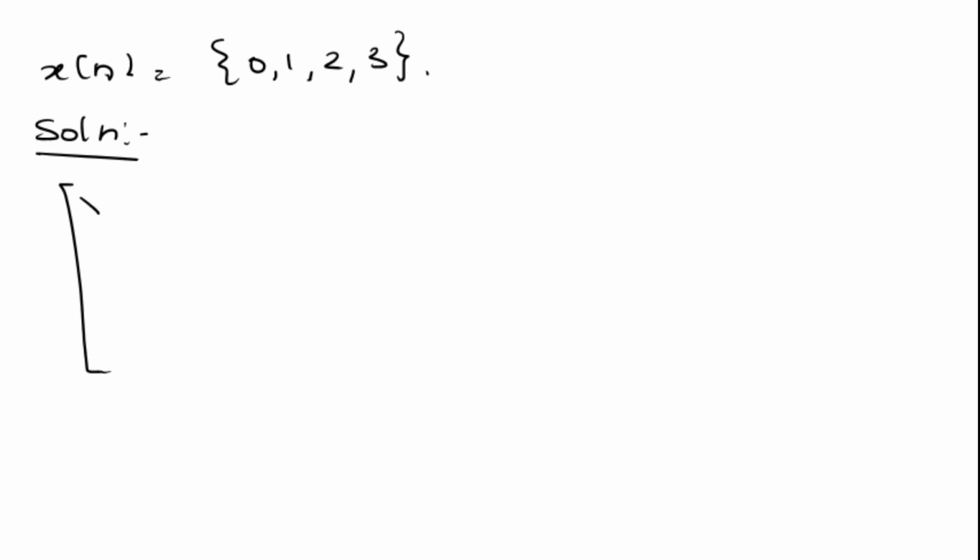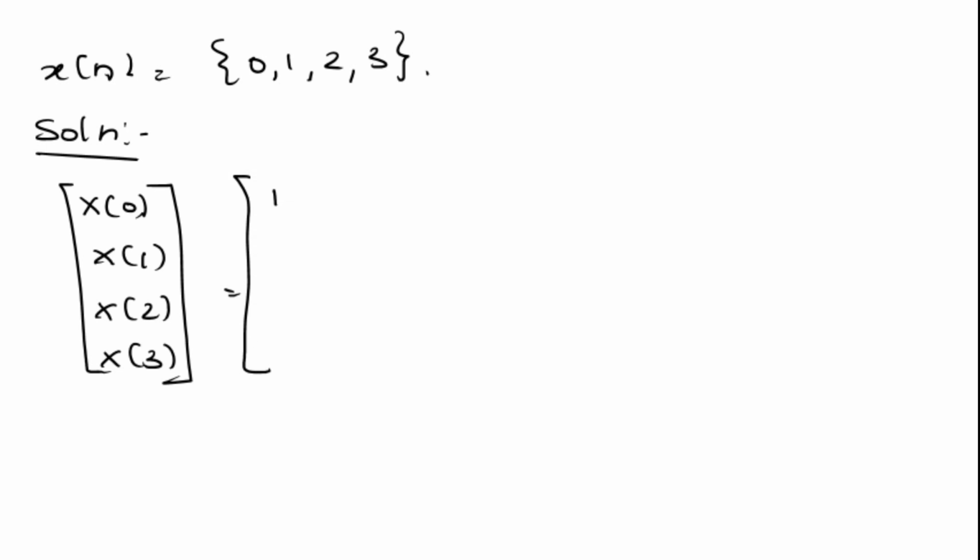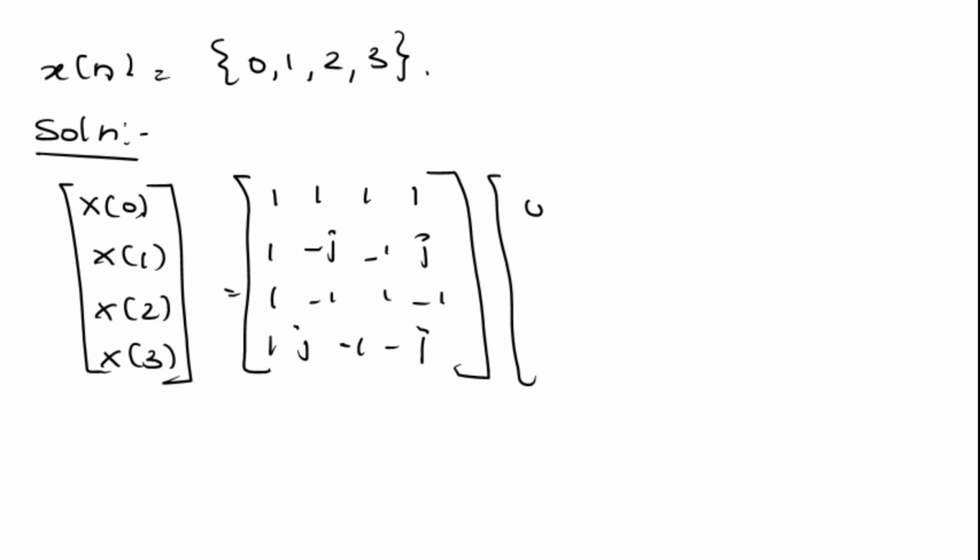Next problem, x of n is equal to 0, 1, 2, 3. You have to find using matrix method X of 0, x of 1, x of 2, and x of 3, which is equal to the standard matrix we have to write multiplied with 0, 1, 2, 3.